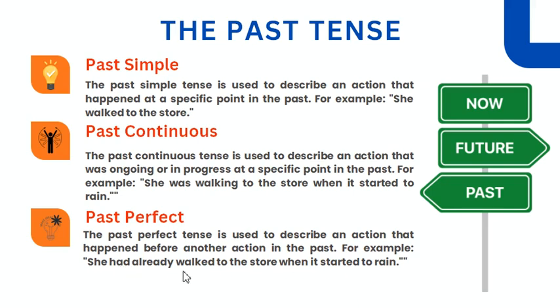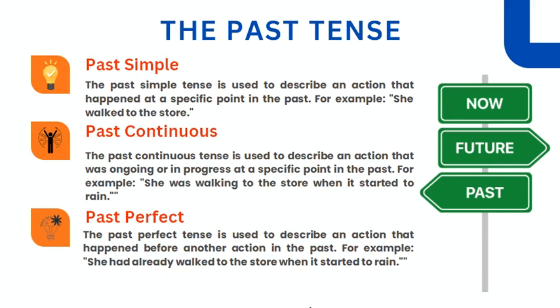She walked to the store is the past action before it started to rain. So you express she had already, the word already indicates this is a more distant past action than it started to rain. So this is a past perfect action.